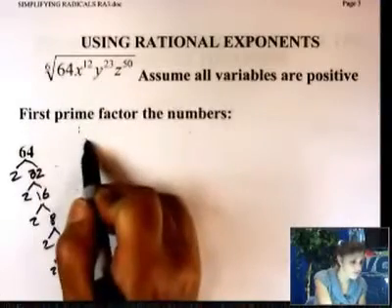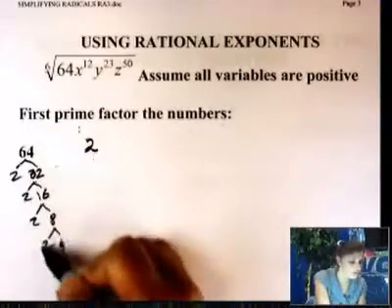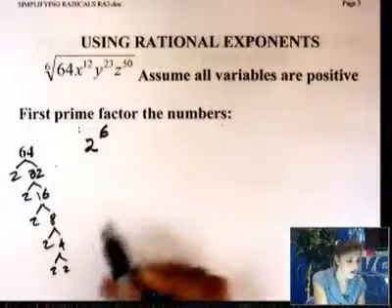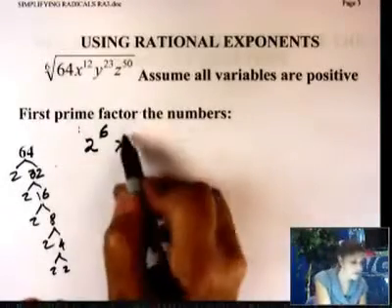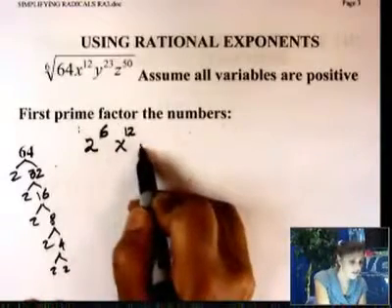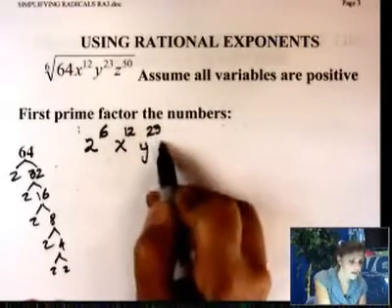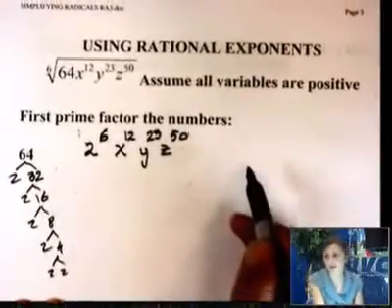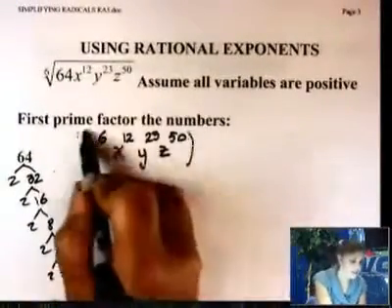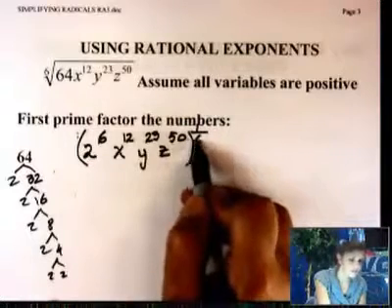So instead of 64, I'm going to write 2 to the 6th power. I'm not going to worry about grouping them into 6s. I just write this one, and this one, and this one. But I'm going to take them out of the radical, and I'm going to write it as 1/6.